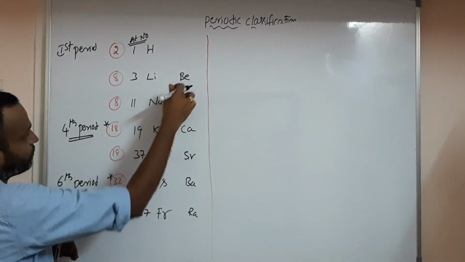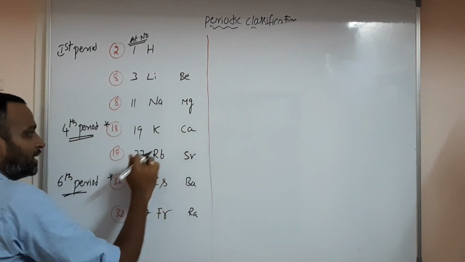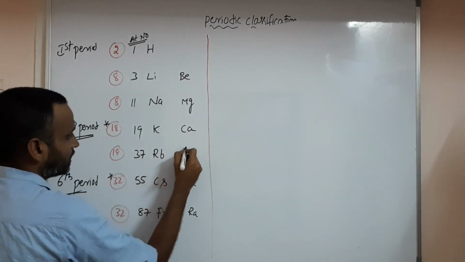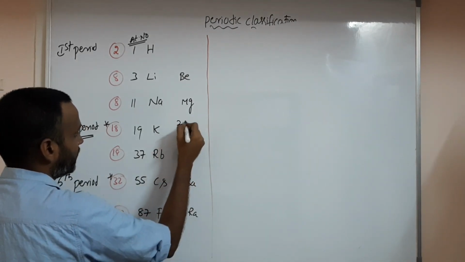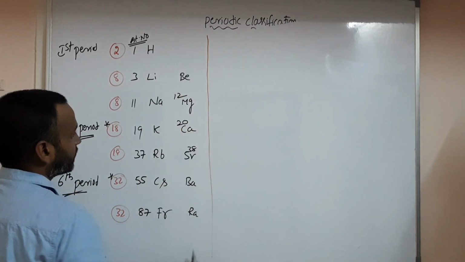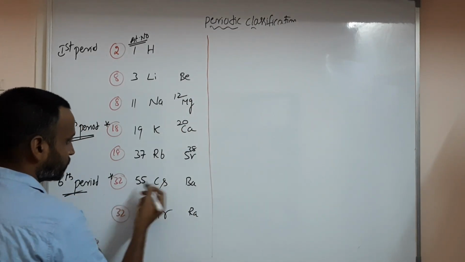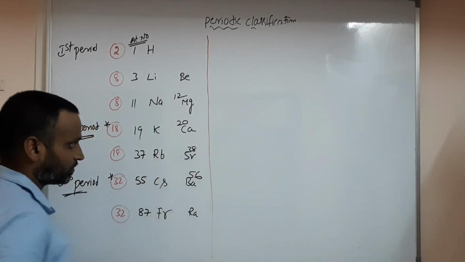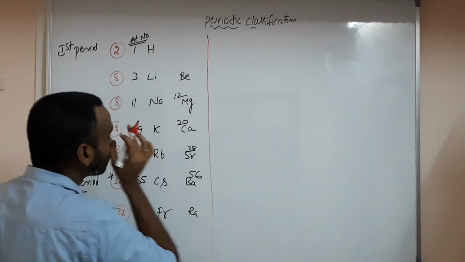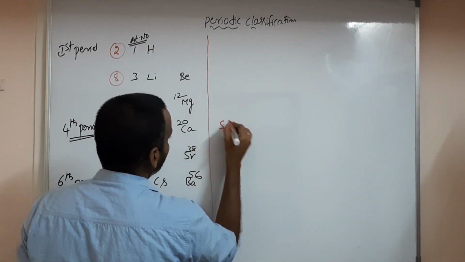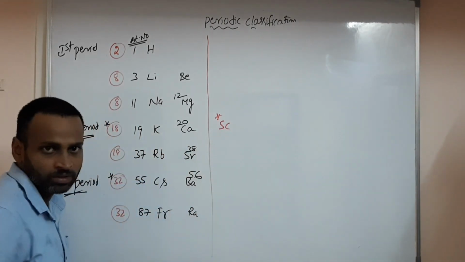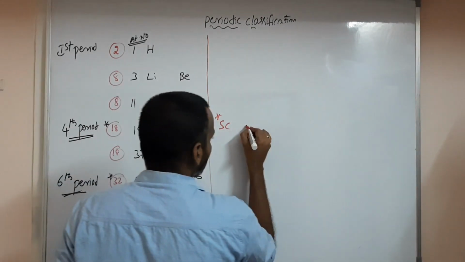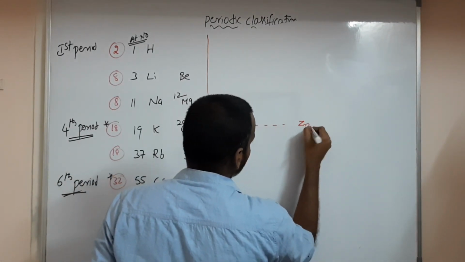So if you know, this is 4, this is 12, this is 20, and this is 38, and 56, like this we can write. But here after calcium you have scandium. This actually belongs to what? D block. Scandium, and here the last element is zinc.